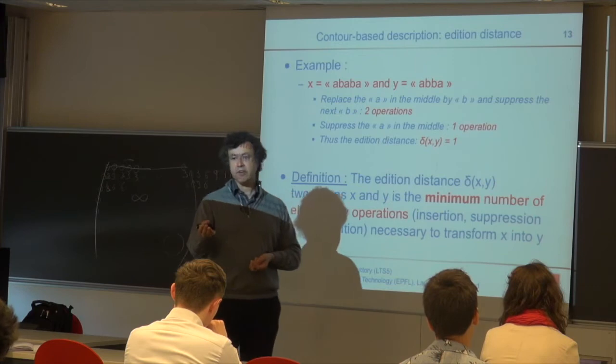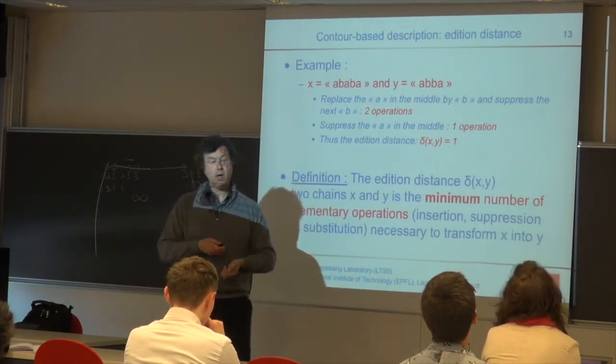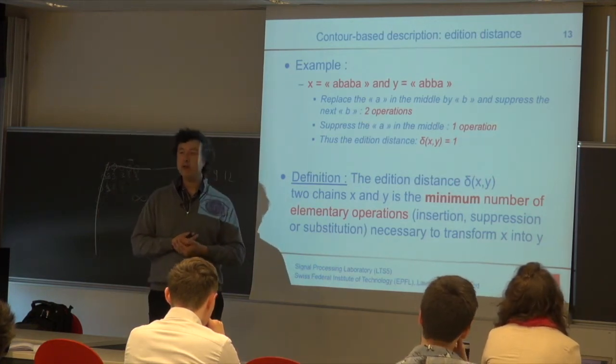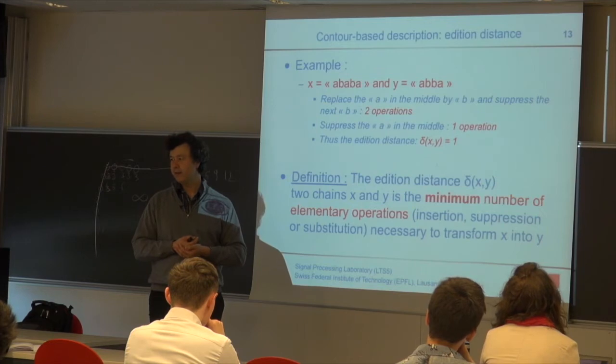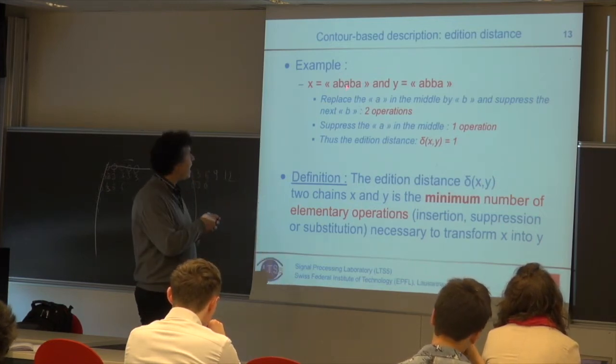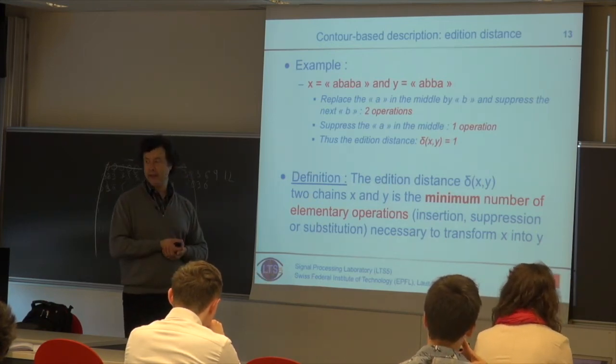My addition distance would be 1. But I can also say I convert A into B, and then I remove B. That would be 2. Or I can say I add 1000 As, and I remove 1001 As.